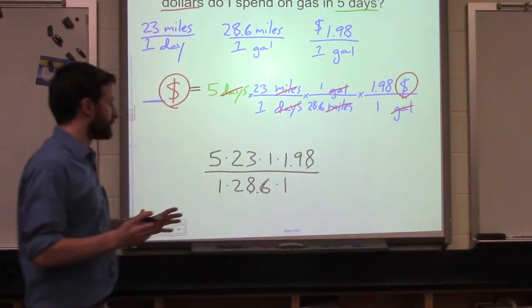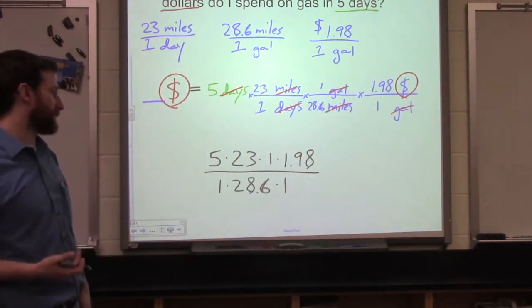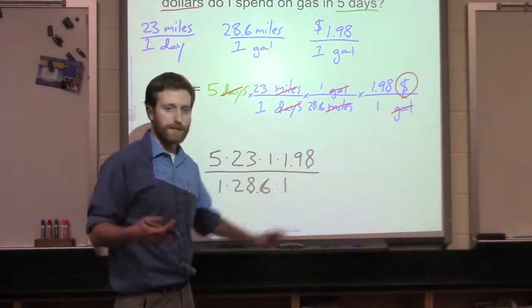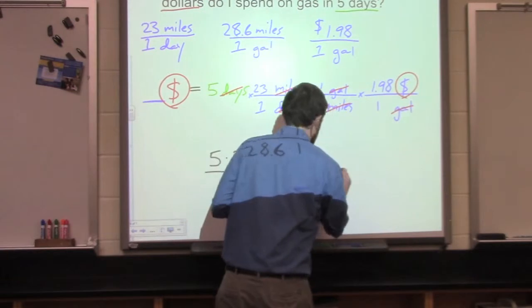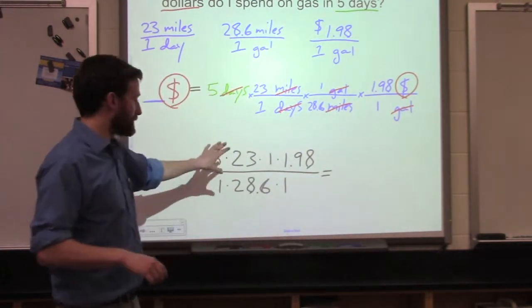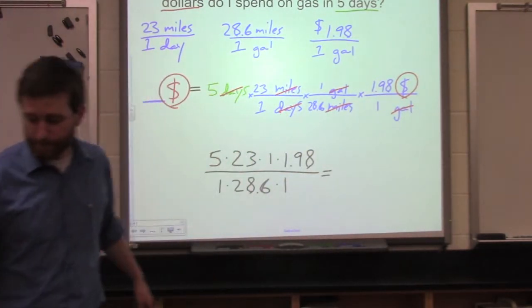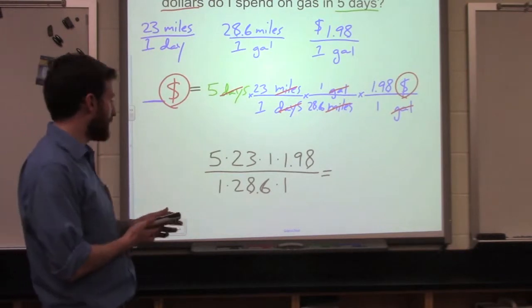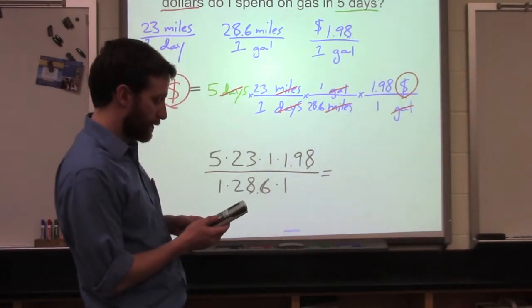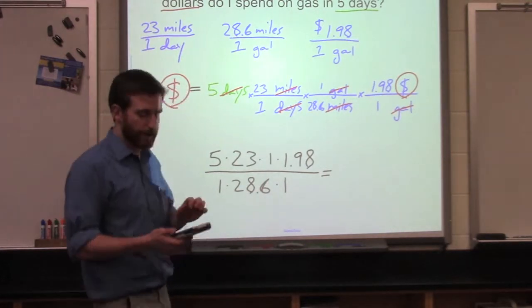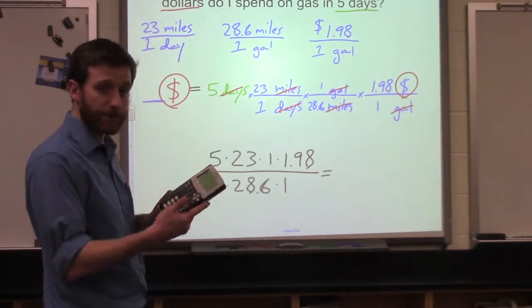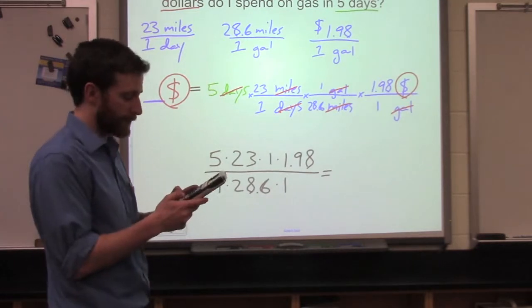Here, since I knew all of my units worked out, I can just forget about the units and just get an expression of numbers. There's lots of ways to reduce this fraction. I will say be careful to make sure that all of these numbers being multiplied together are in the denominator, especially if you're using a TI graphing calculator.